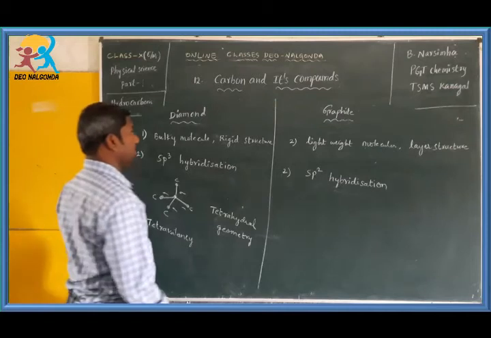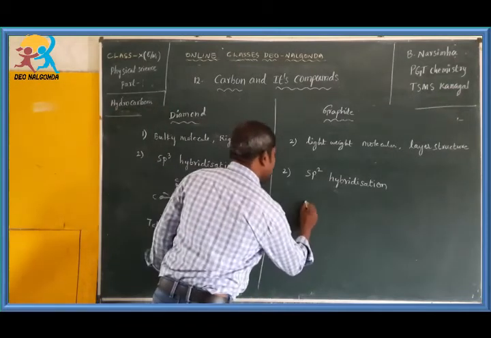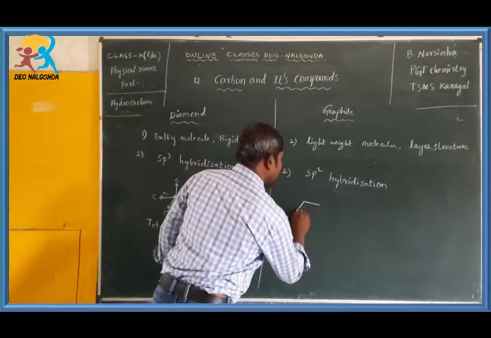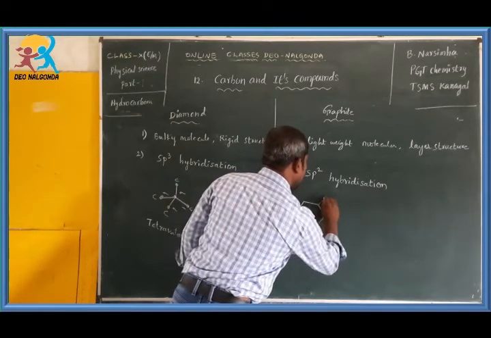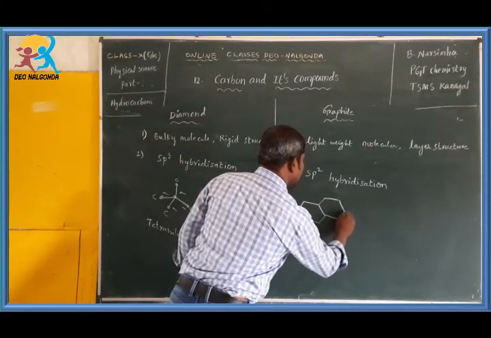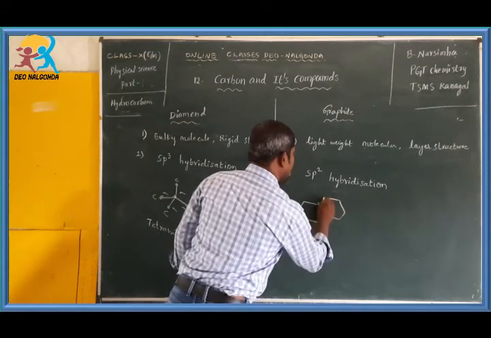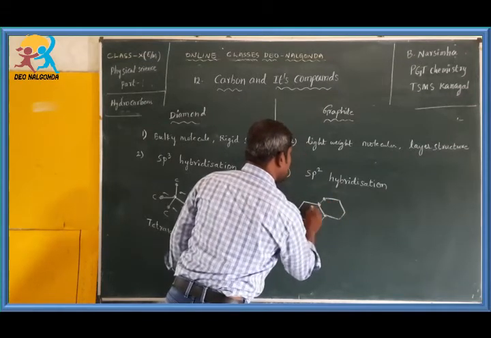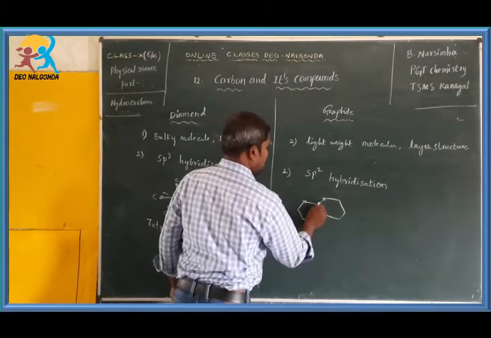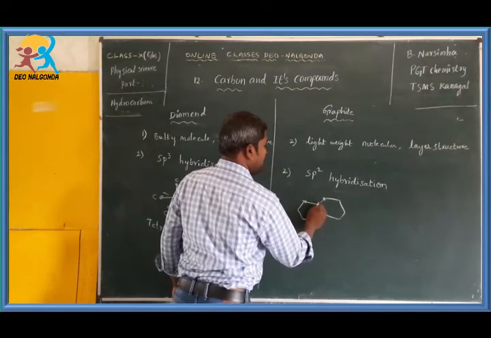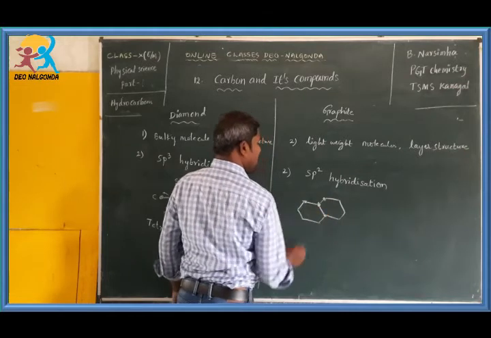In graphite, each carbon atom undergoes sp2 hybridization. This is the central carbon atom.